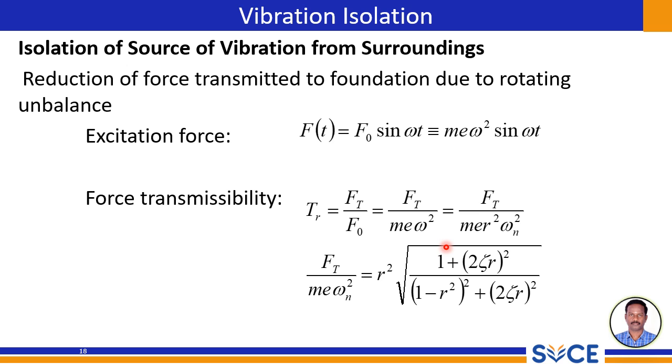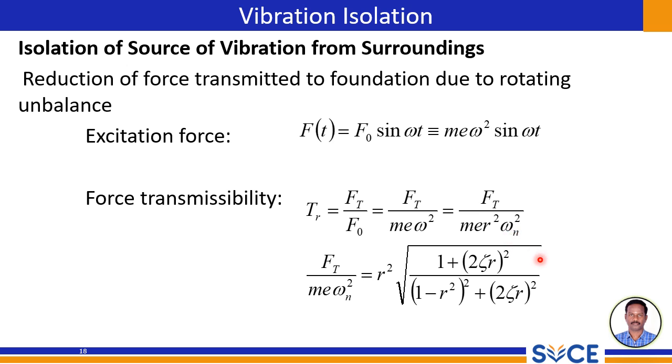This is then simplified to F suffix T divided by m e r squared omega sub n squared, where r is the frequency ratio and omega n is the natural frequency.